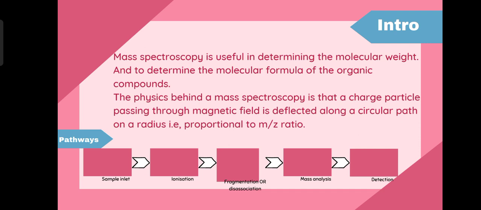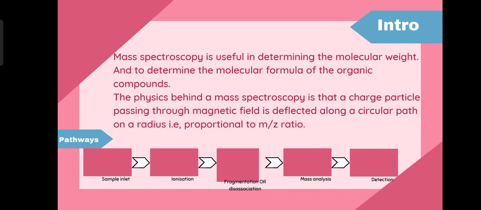Next, the physics behind mass spectroscopy is that charged particles passing through an electric and a magnetic field get deflected along a circular path on a radius that is proportional to the mass to charge ratio. Earlier I talked about the ionization process.